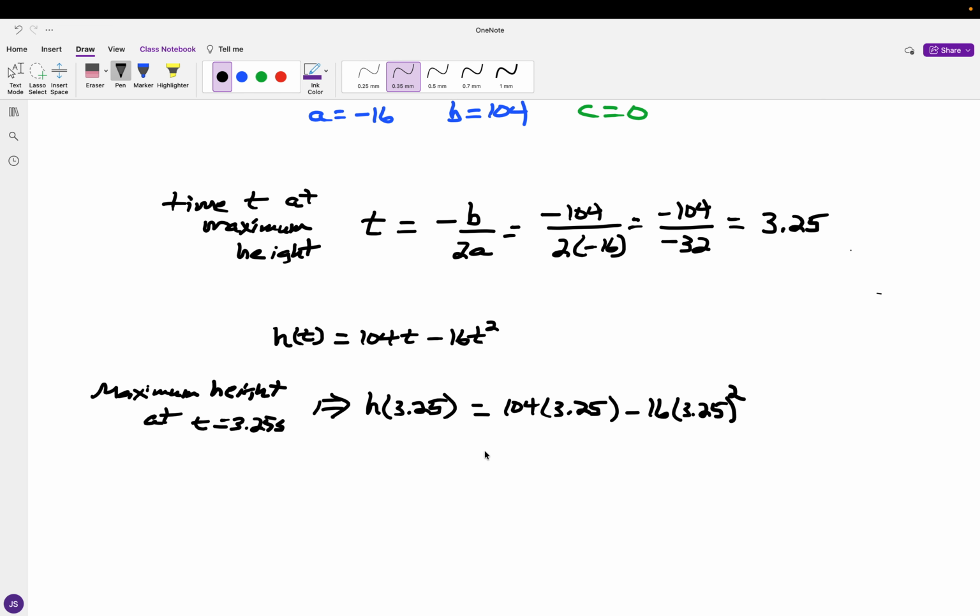So with the numbers, we have 104 times 3.25, so that part will be 338. And for the square of 3.25, we have minus 16 times 10.5625.